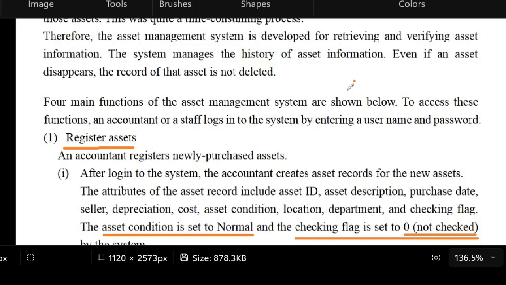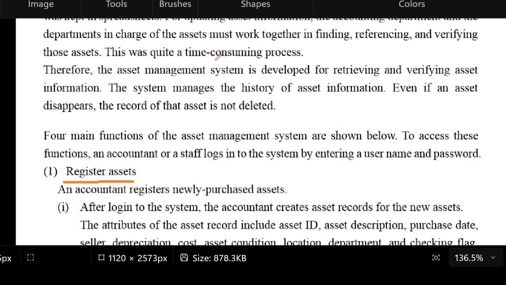Okay, so that's pretty much the description of what we are supposed to be tackling here. The keywords would be the asset management system, and of course this problem about having this time-consuming process that we need to incur, because there are so many of these assets that we have to find, reference, and verify.